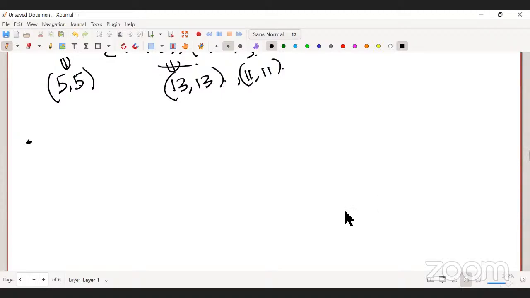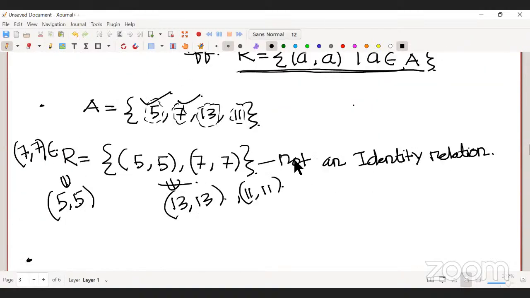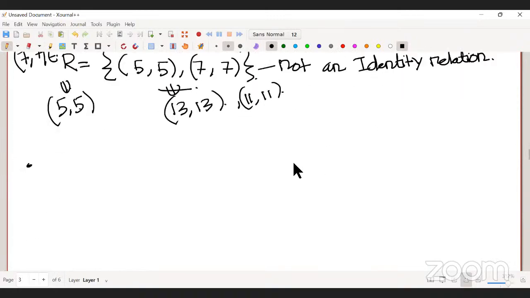Here A is the set of all natural numbers. I am asking what is the relation on that set A? When you have a set, to check for an identity relation you must have some relation on that set, right? If you don't have a relation, then how are you going to check whether it is an identity relation? I'll come to that. I'll give an example.